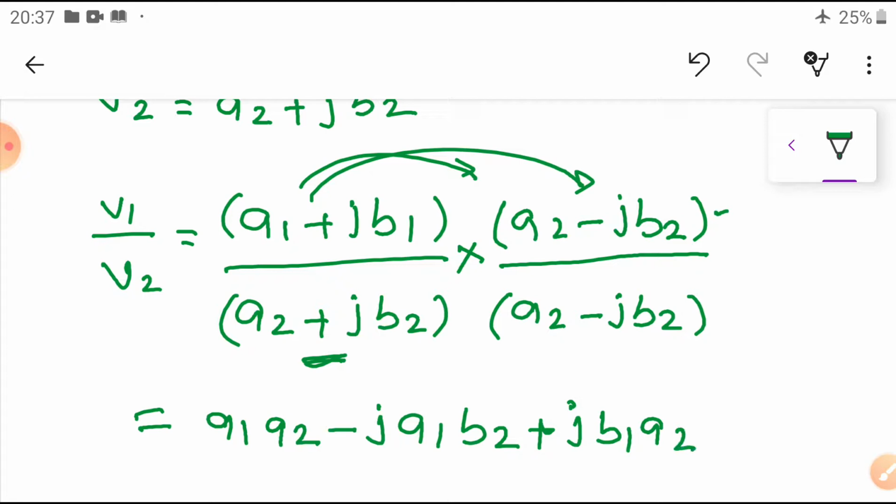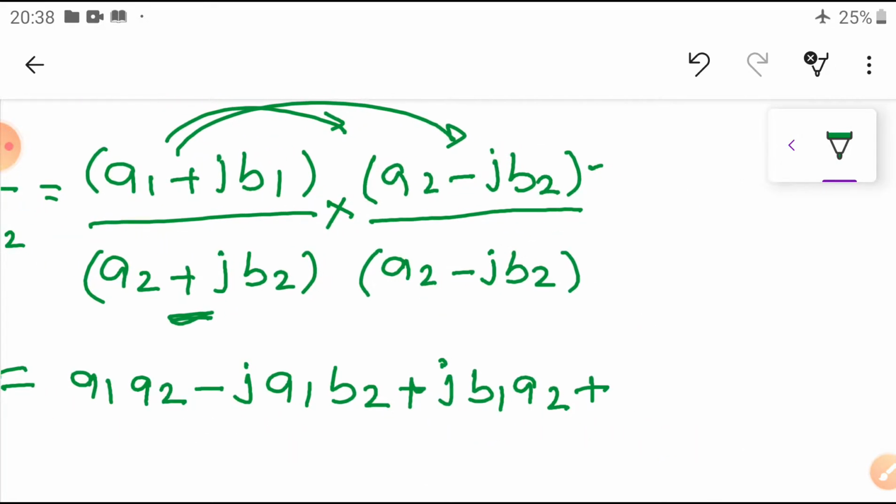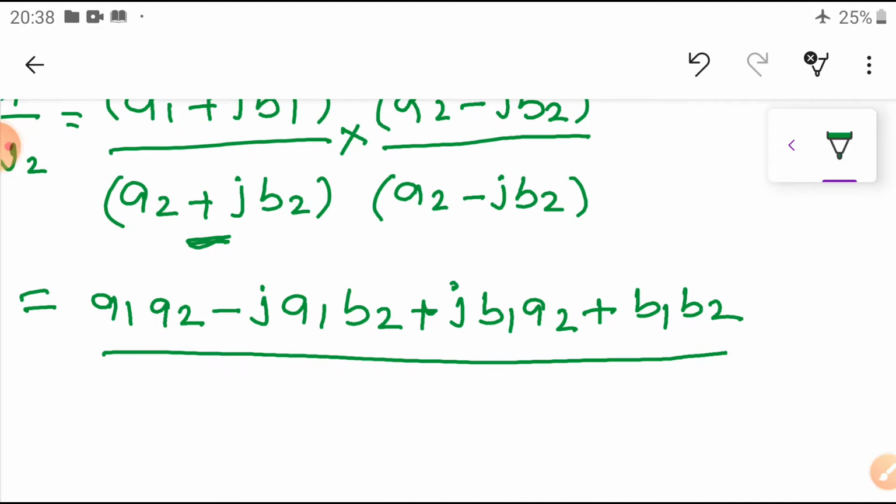J into J is minus, minus into minus is plus, so wherever the imaginary part becomes real, we get B1 B2. So that is the numerator. Now coming to the denominator, A plus B times A minus B is A square minus B square. That is A2 whole square minus B2 whole square. So we get this value.